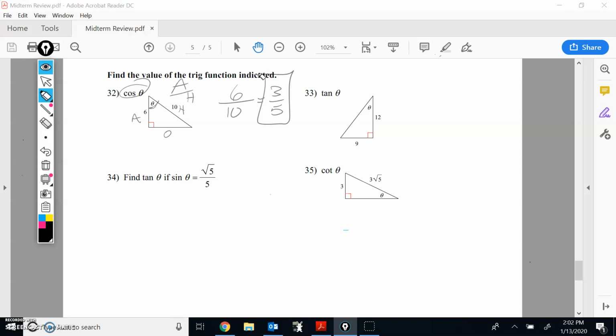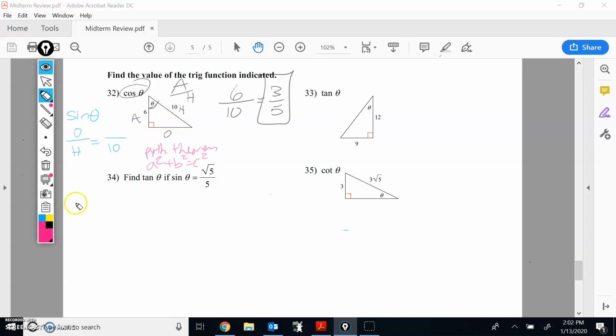If I would have asked you to find, let's say, the sine instead, sine is opposite over hypotenuse. So we don't know the opposite, but we know the hypotenuse. What you would have to do is the Pythagorean theorem. So a squared plus b squared equals c squared to find out this missing side.